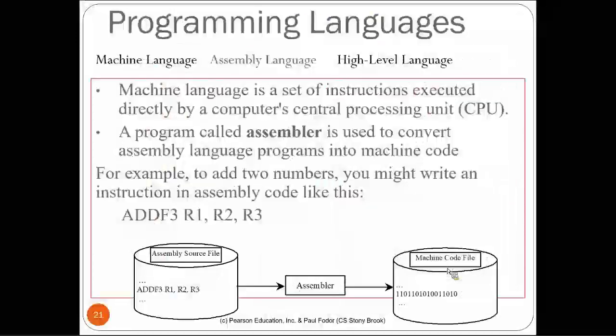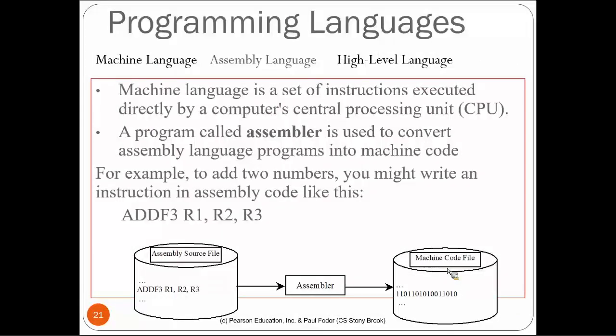So programming languages evolved over time from machine language, which is a set of instructions written directly in binary, executed by the central processing unit, to the higher level languages of today, like Java, Python, C#, and so on. Now, the first step was not actually higher level languages.